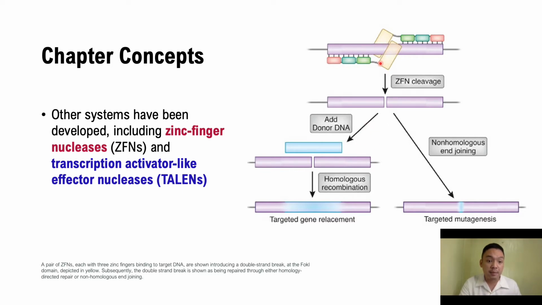Subsequently, the double strand break is shown being repaired through either homology directed repair or non-homologous end joining. This healing process results in targeted gene replacement or targeted mutagenesis.